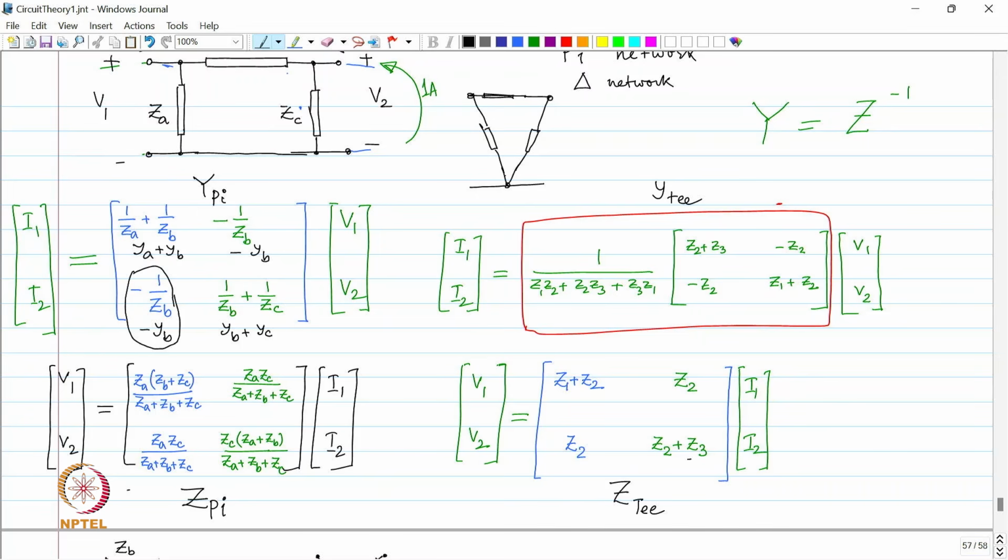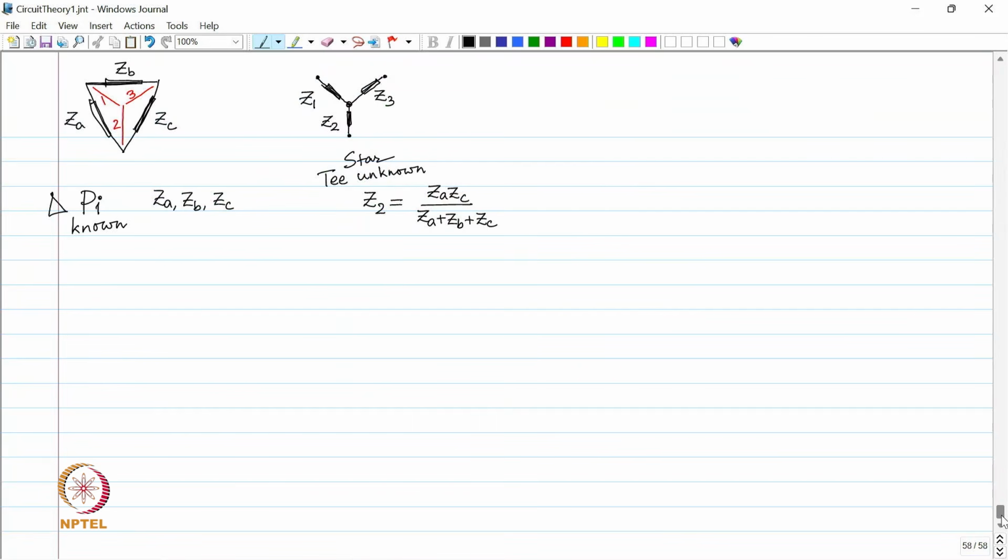This particular one, 1 by ZB has to be equal to Z2 by Z1 Z2 plus Z2 Z3 plus Z3 Z1, or in other words YB has to be equal to so much, or in other words you could say ZB has to be Z1 Z2 plus Z2 Z3 plus Z3 Z1 divided by Z2. Fine.